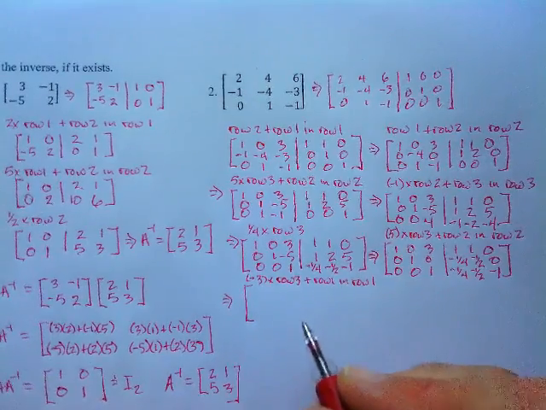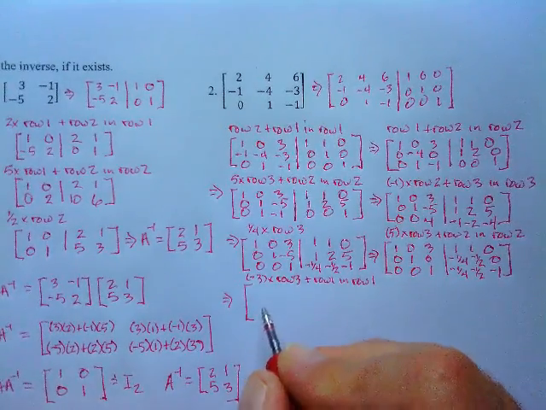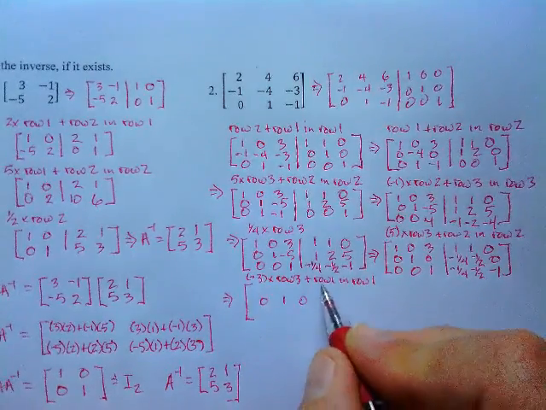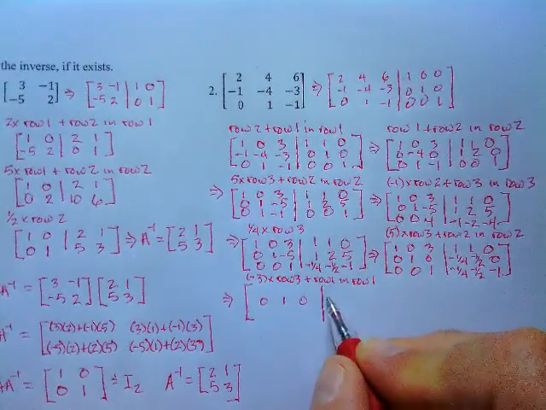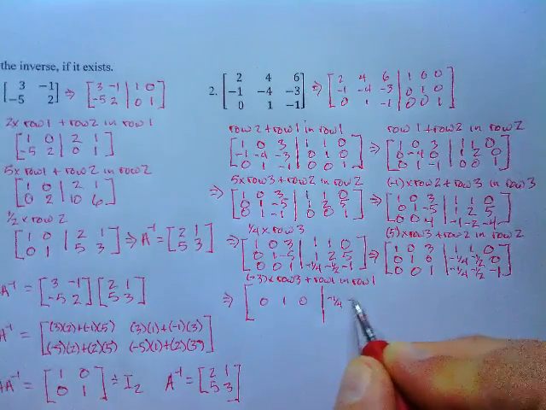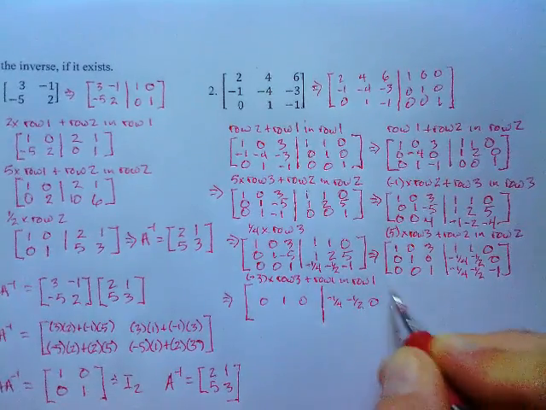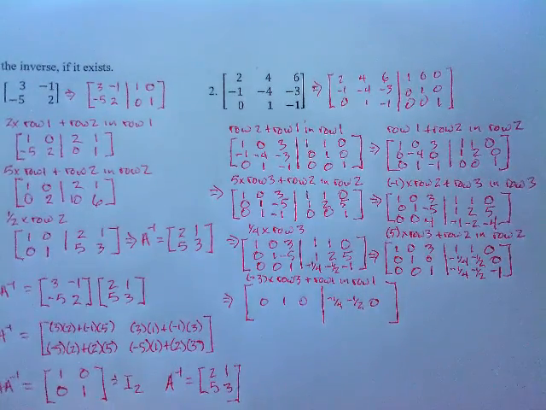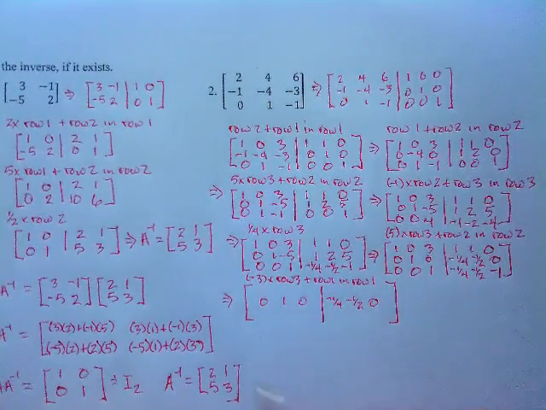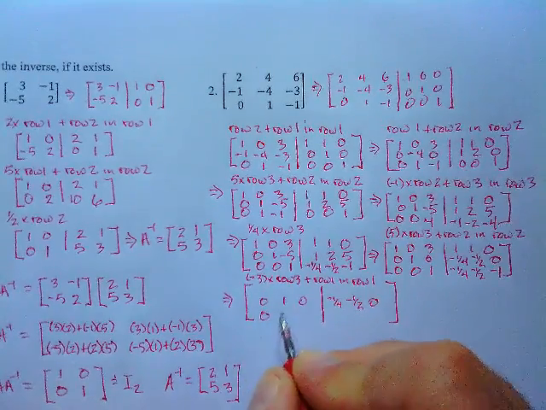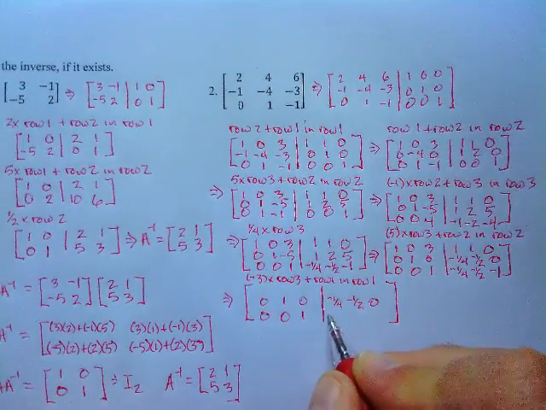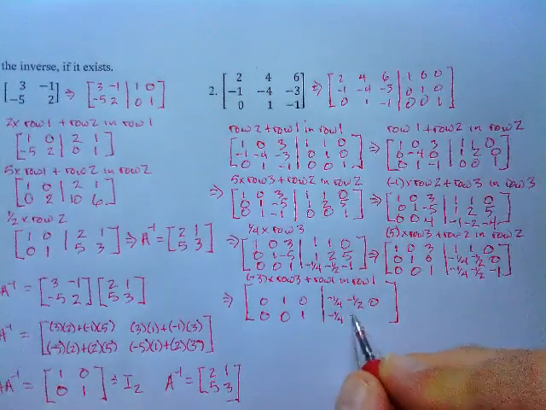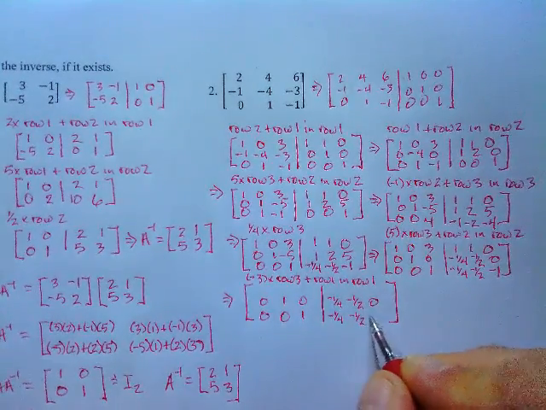So row 1 is going to change, but 2 and 3 aren't. So I have 0, 1, 0, negative 1/4, negative 1/2, 0. And here I have 0, 0, 1, negative 1/4, negative 1/2, and negative 1.